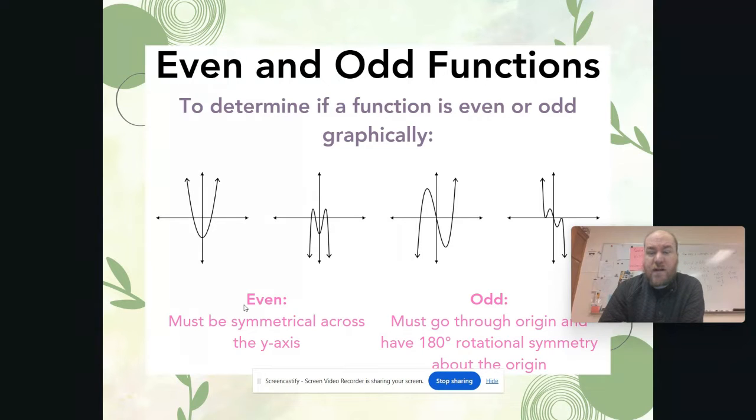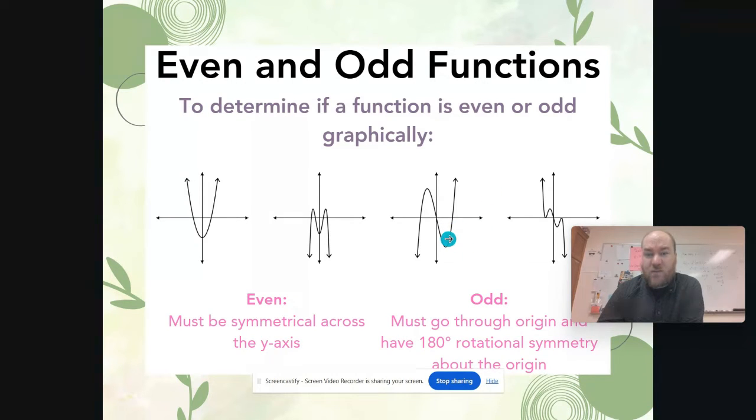The two on the right are odd functions. If it's an odd function, it has 180 degree rotational symmetry about the origin, and it must go through the origin. So that sounds really complicated, but all that means is that everything in the top left quadrant, if I spin it and put it down here, it's the same.